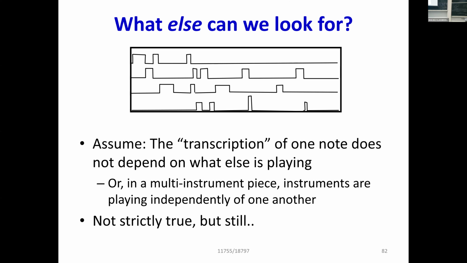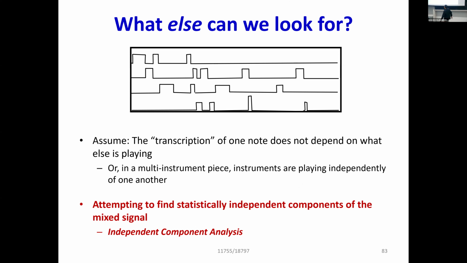Now, this is a very crappy assumption to be making, but it turns out that it actually does a good job in many situations. And so in this case, we'd be assuming that the instruments are playing independently of one another. It's not strictly true, but we can still try.